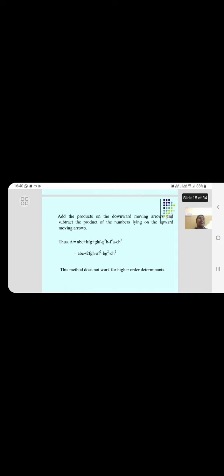So upward moving arrows is G square B. So subtract, so that we have to put minus F square into A minus H square into C. So that equals to ABC plus 2FGH minus AF square minus BG square minus CH square.